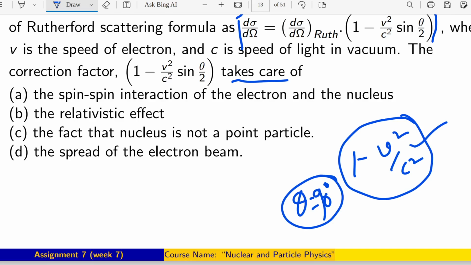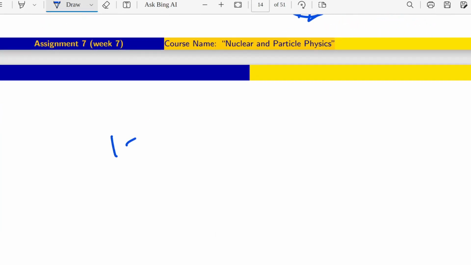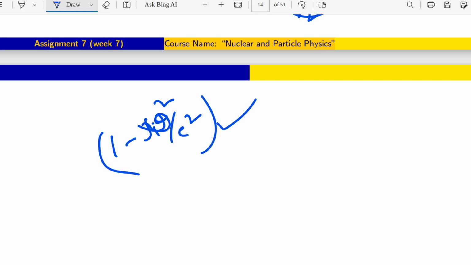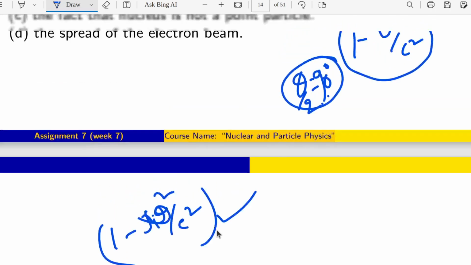If theta by 2 is 90 degree, then you can see that 1 minus v square by c square sin theta by 2 is reduced to 1 minus v square by c square. So this term is nothing but a correction term due to the relativistic nature of the electron.